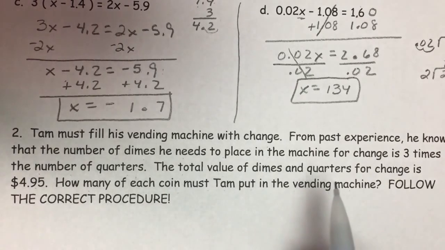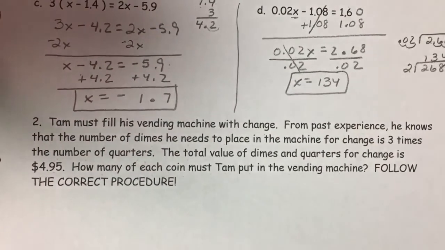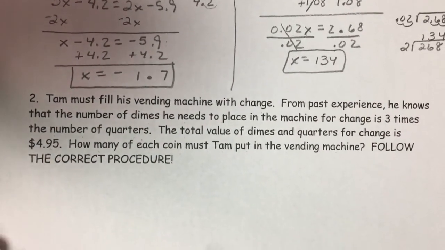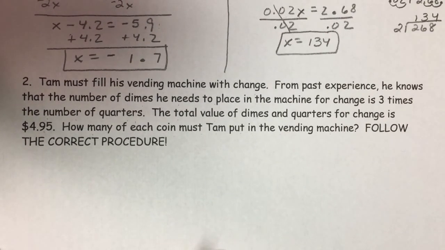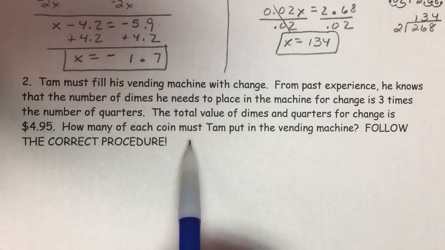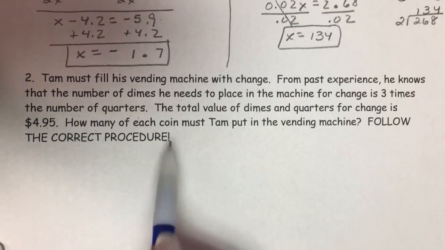Follow our procedure. So our procedure, remember, is make sure that you read the whole story problem all the way through. We did that. Now, this is not a problem where we can draw a picture. So we're going to have to go ahead and define our variables. Well, what are we looking for? We're looking for the number of coins, the number of dimes, and the number of quarters.